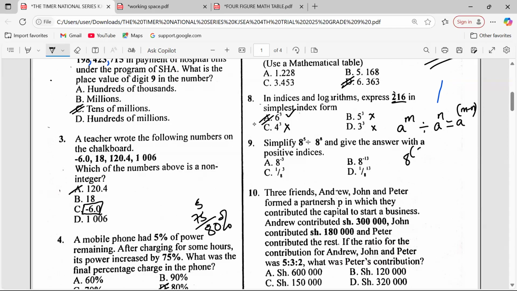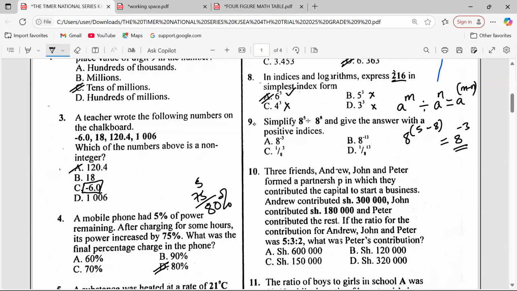Base 8, then 5 minus 8. This shall be 8 power negative 3. That is the first step that you're supposed to take. But now the examiner moves ahead to tell us we leave this one with a positive index.